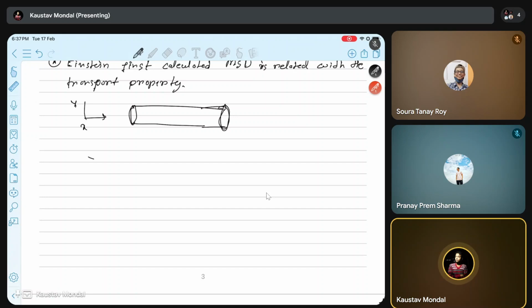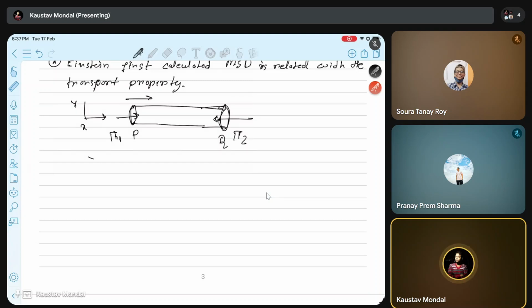He considered a small tube where the particles going from one side to the other are given by pi 1, and the particles coming from the other side are pi 2. Let's call these two points p and q.